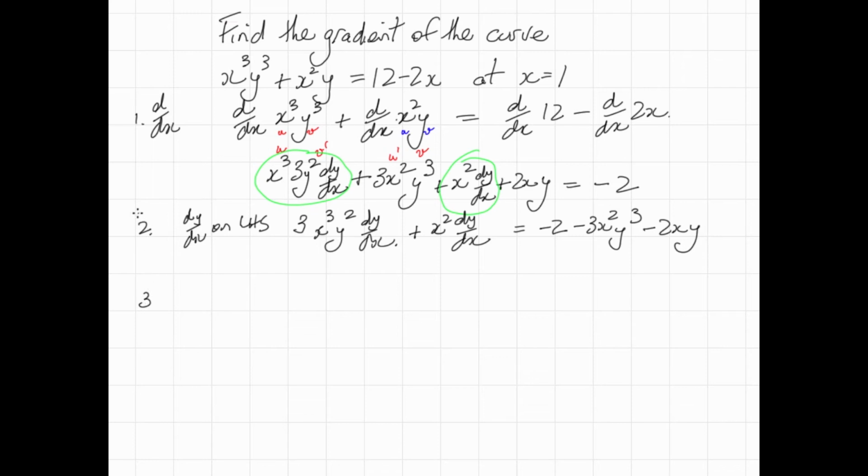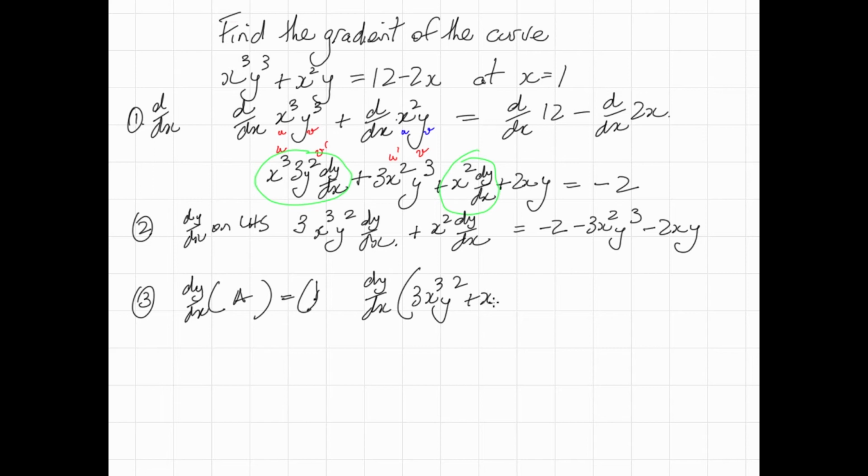The third step is to get dy/dx out the front, and so we've got dy/dx is a factor of both those two terms, so dy/dx times (3x cubed y squared plus x squared) equals negative 2 minus 3x squared y cubed minus 2xy.